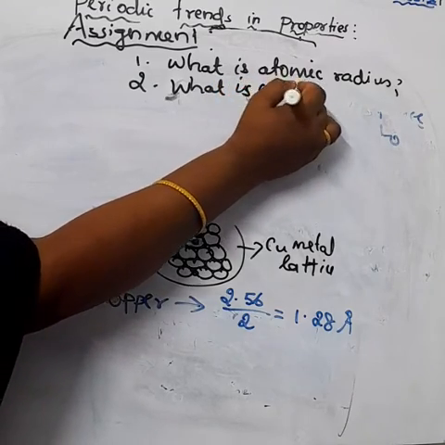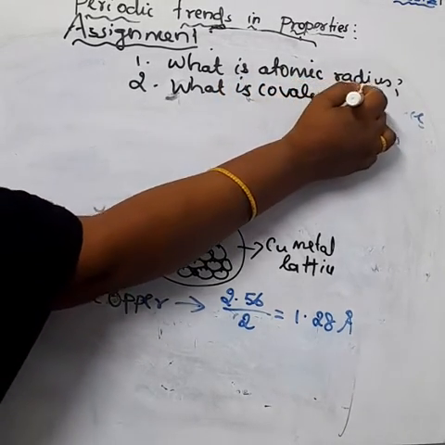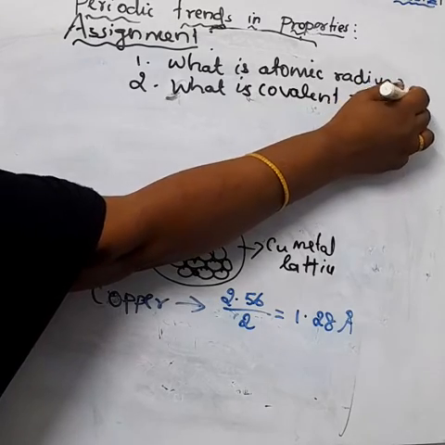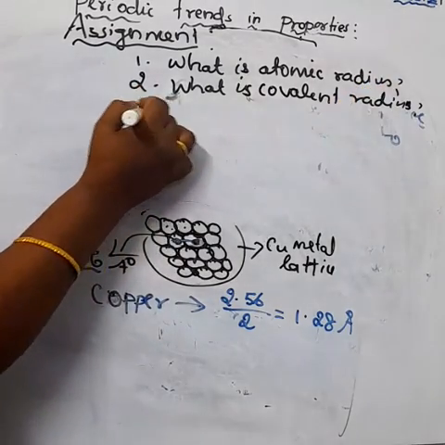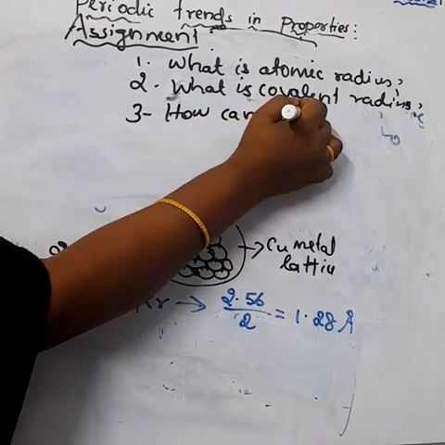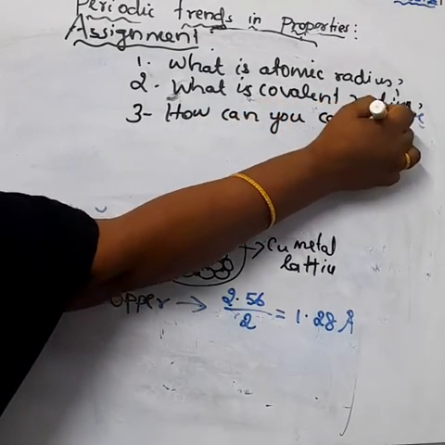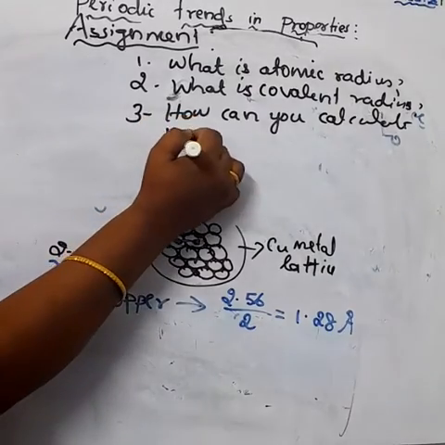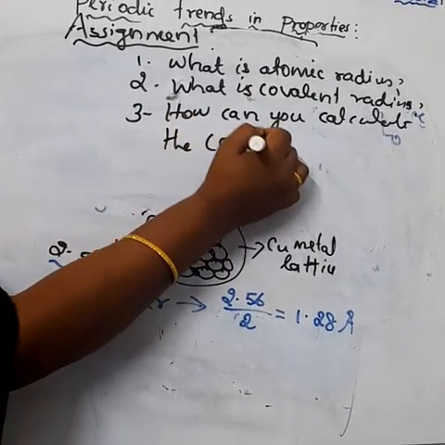Question number 3, how can you calculate the covalent radius of chlorine atom? Okay, I will mark the questions.